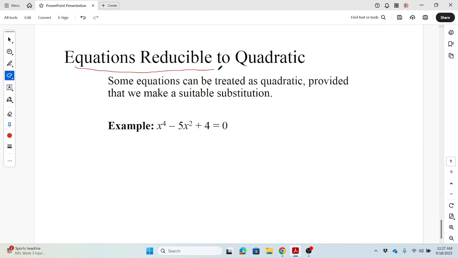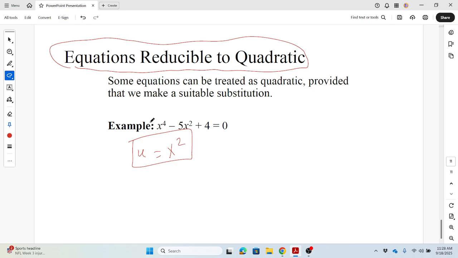Sometimes we can reduce an equation into a quadratic equation. For example, this one is a fourth degree equation, but what we can do is replace x squared by another variable u. If you do that, this problem becomes u square, because u means x squared.